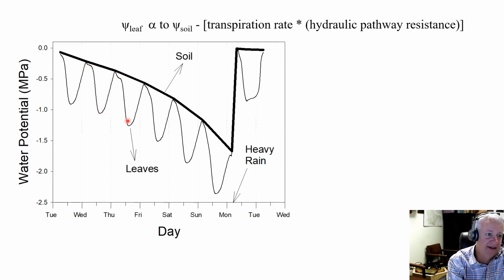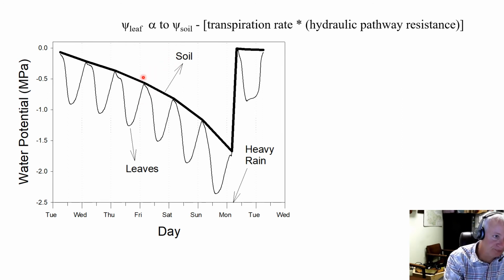Okay, but what we're seeing is that over time, as the soil dries, both the water potential in the morning before transpiration starts, as well as the midday water potential in the middle of the day, is becoming more and more negative as soil water potential is declining. Okay, so that's sort of one prediction of this model.